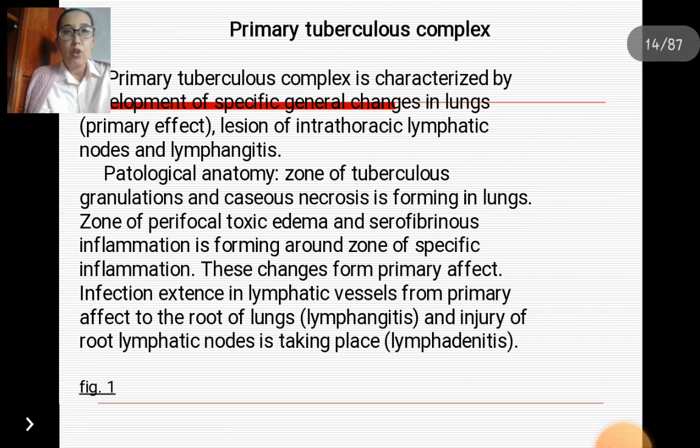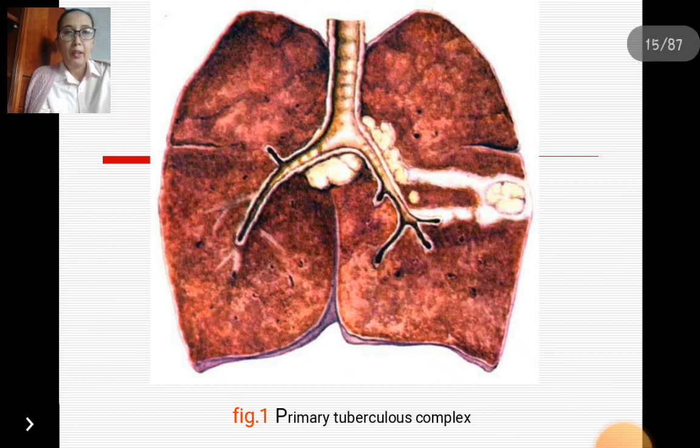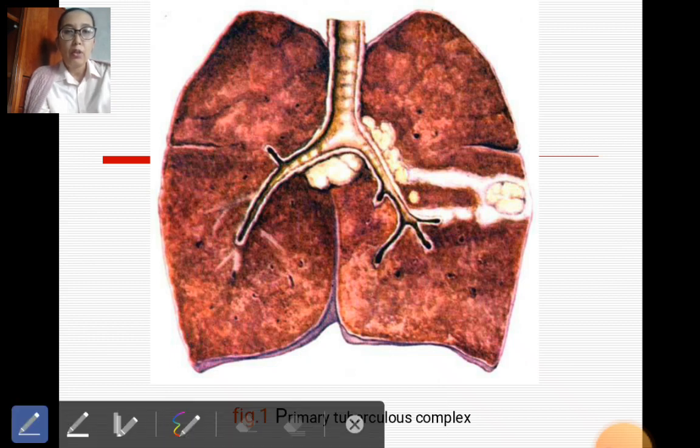Primary tuberculosis complex. Primary tuberculosis complex is characterized by development of specific change in lung called primary affect, lesion of intrathoracic lymph nodes, and lymphangitis. In this slide you can see the primary tuberculosis complex. I will show you.